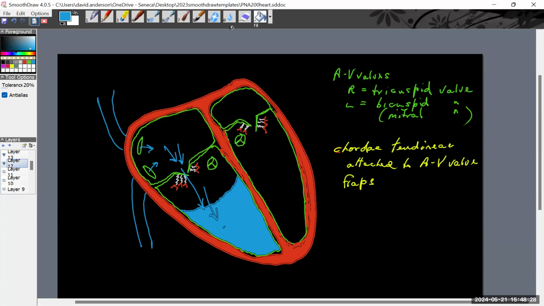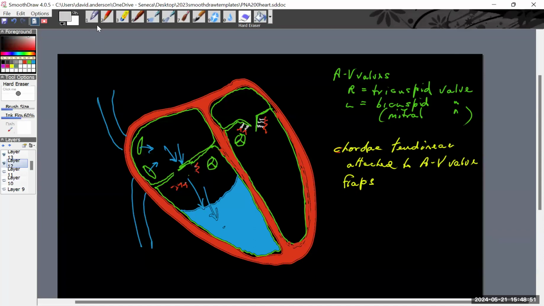So when the valves slam shut, they're going to look a little bit like this. They're going to be shut, so they kind of flop over, and these wrinkly tendons now are going to get stretched tight.